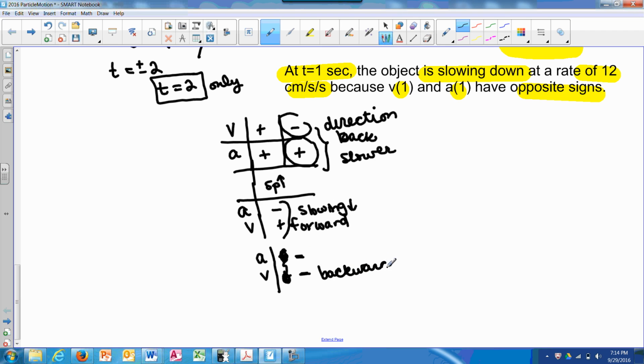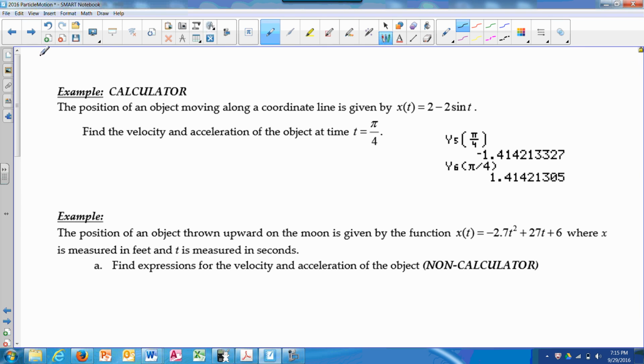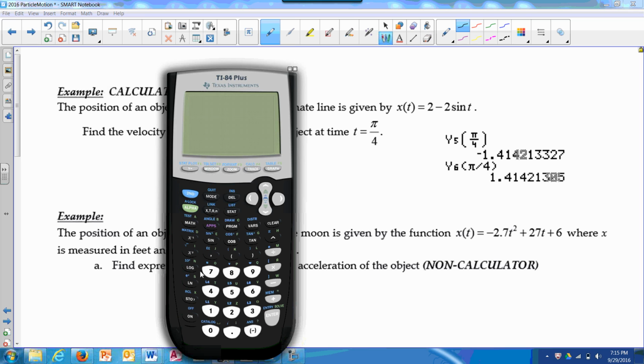Okay, now determining the acceleration at time 1. Remember, acceleration is a change in velocity over time, which is our v prime. So we're going to go back to our velocity function and use the power rule and get just 12t, because remember the derivative of a constant is 0.